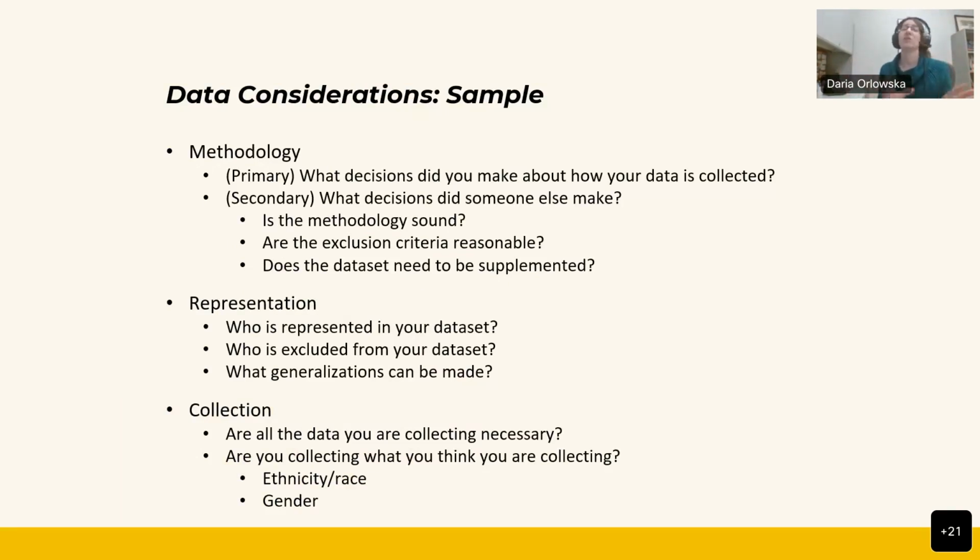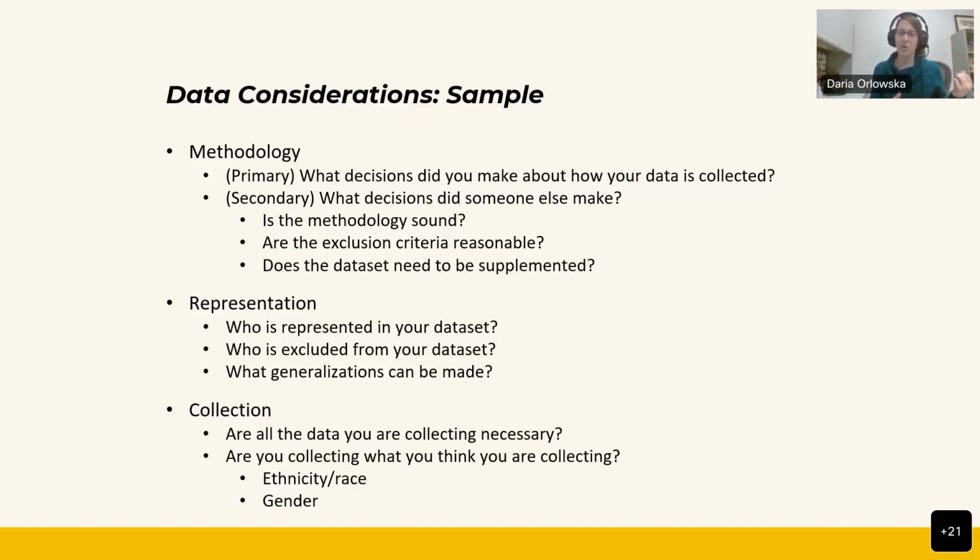Like if you're looking at different racial groups within a sample, do you have enough representation in order to conduct your study if you're reusing someone's data, or do you need to supplement that with another data source?